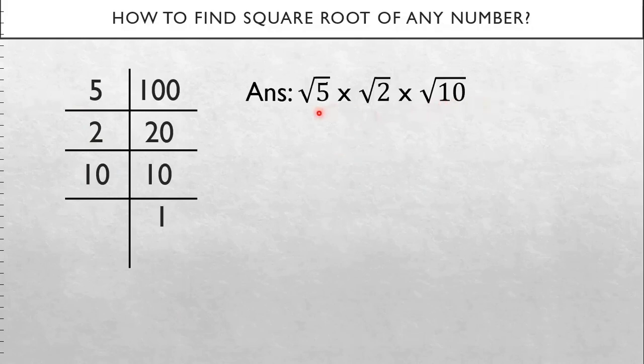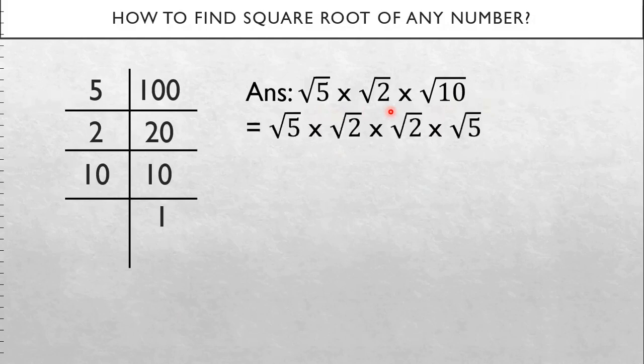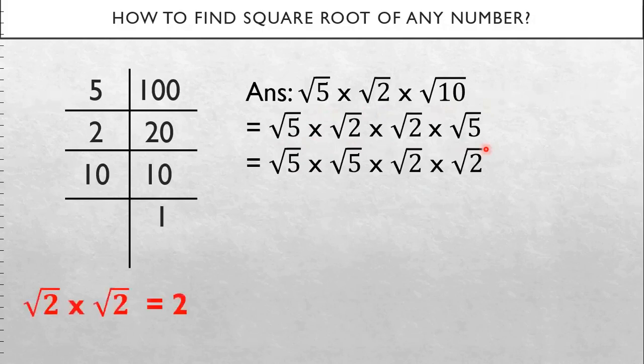Now we have root 5 and root 2. Now 5 and 2 are prime numbers. We cannot do anything to change these two numbers. But 10, we can write as root 2 into root 5, because root 2 into root 5 will give you root 10. So here we write root 5 into root 2 into root 2 into root 5. Now this is one important rule of roots. If you all don't know, I'll tell you.